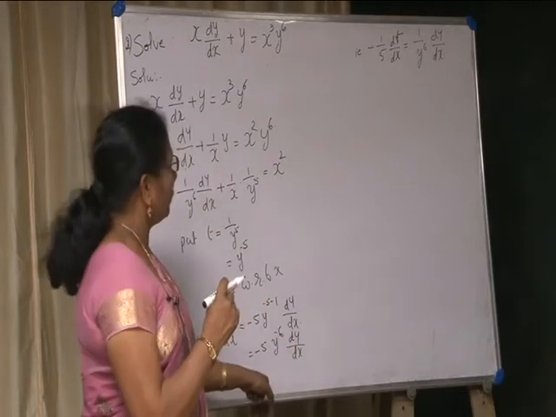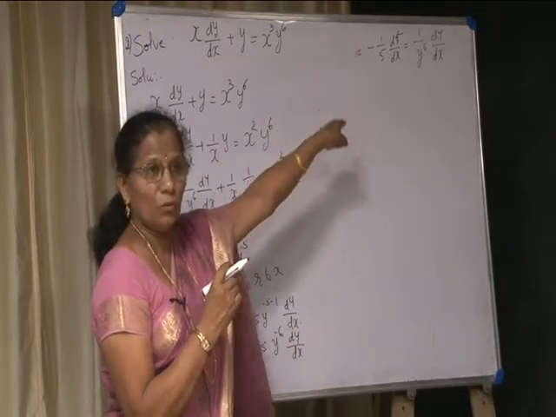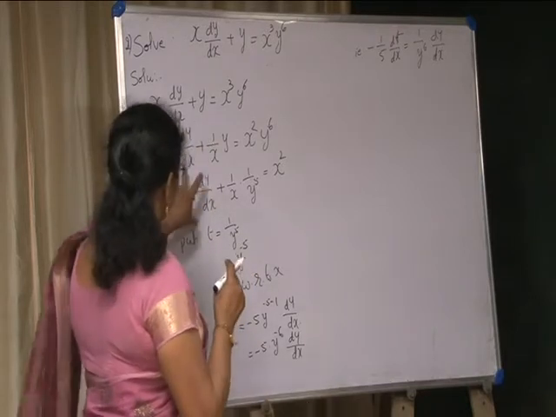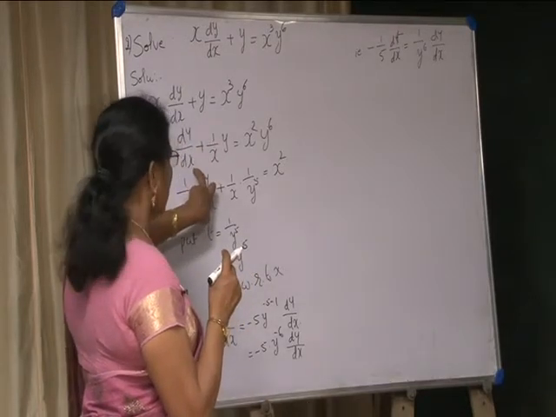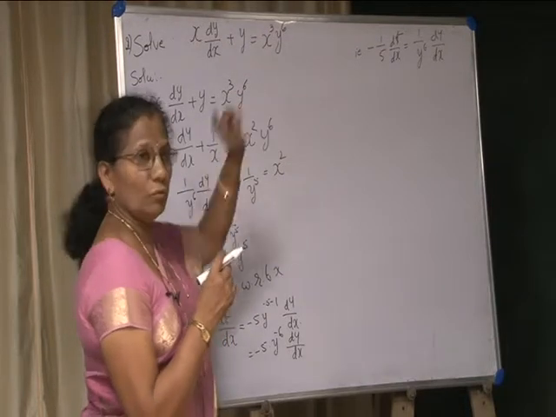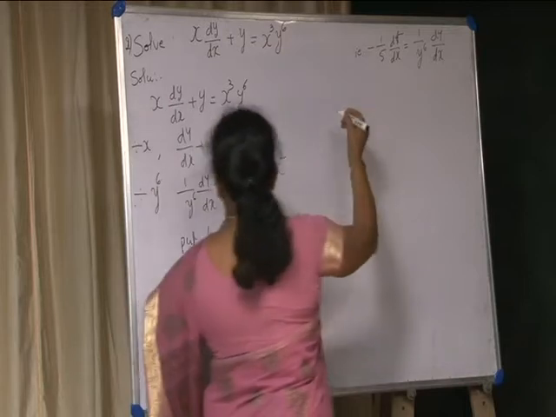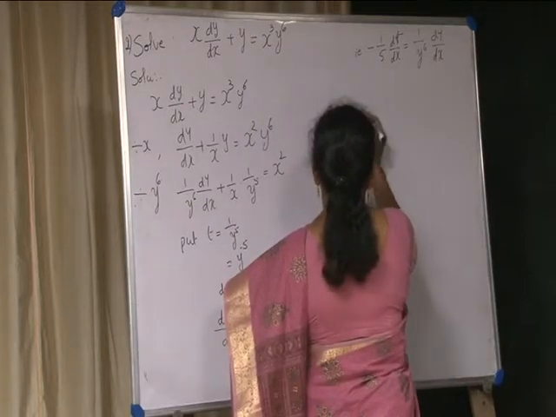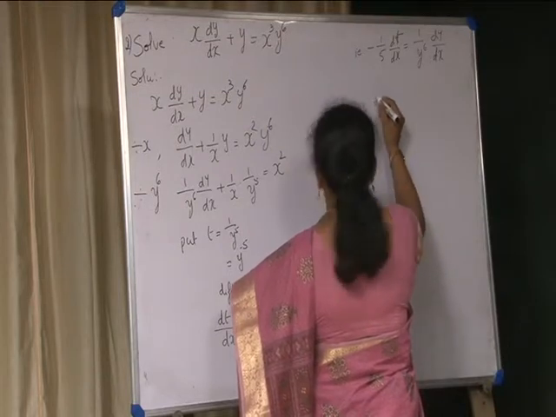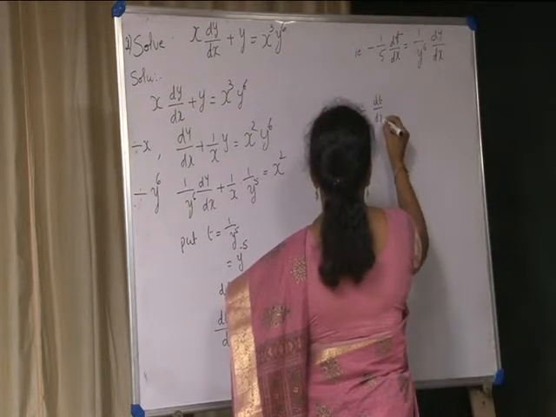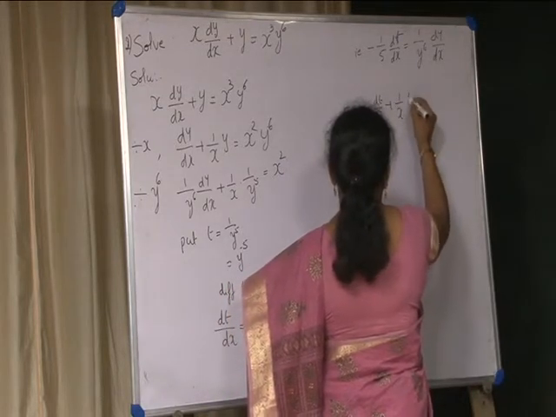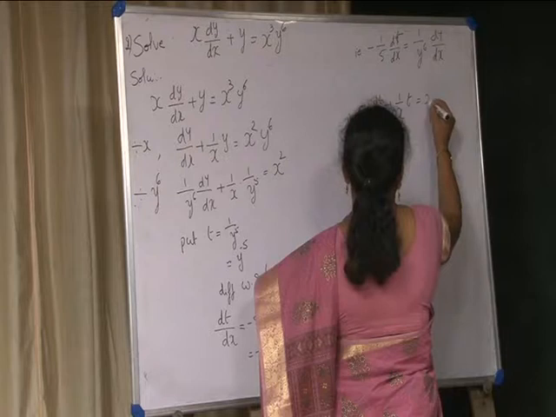Y to the power of minus 6 can be written as 1 over y to the power of 6 into dy by dx. So, in the place of 1 divided by y to the power of 6 into dy by dx, we substitute in the equation: minus 1 over 5 dt by dx plus 1 over x into t is equal to x squared.